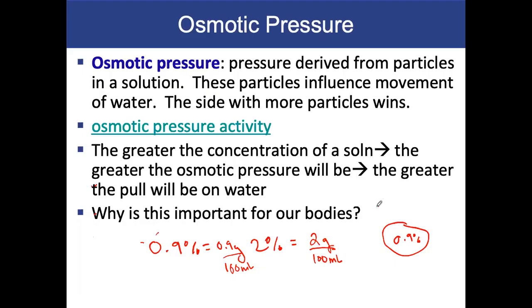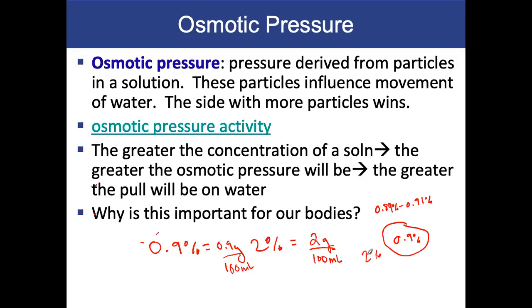The physiological range for osmolarity is 0.89% to 0.91%, okay? So let's say this is a red blood cell or a body cell, right? 2% on the outside, 0.9% on the inside. For our cells, the only thing that can move is water. Is that true in reality? No, but that's going to be true for right now.